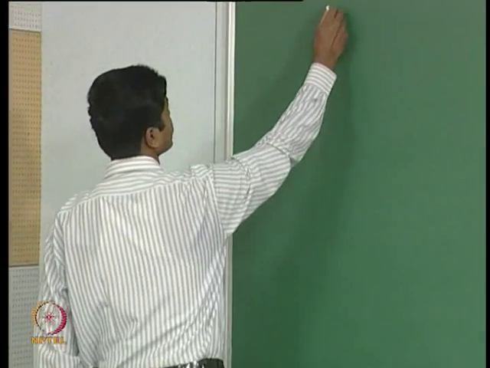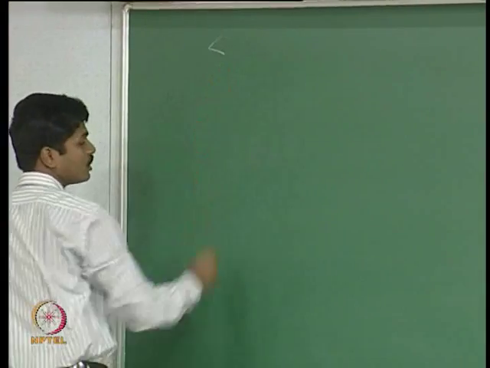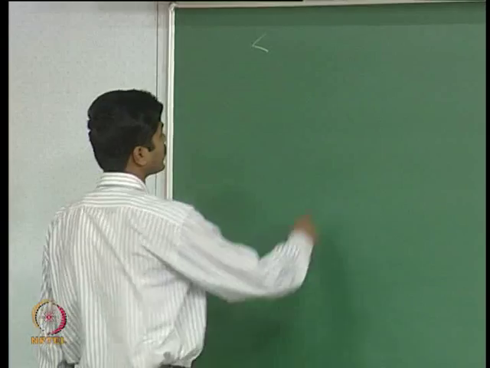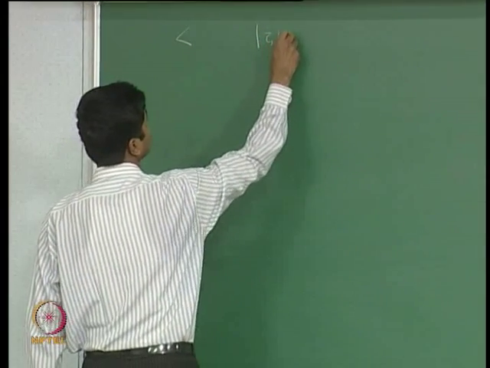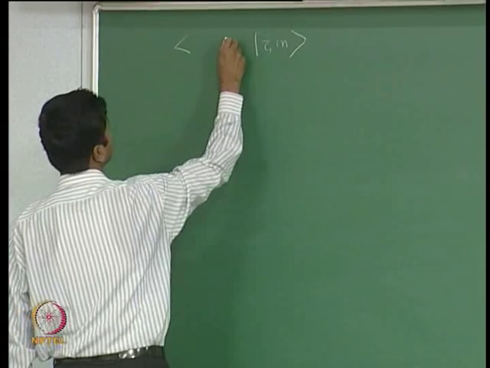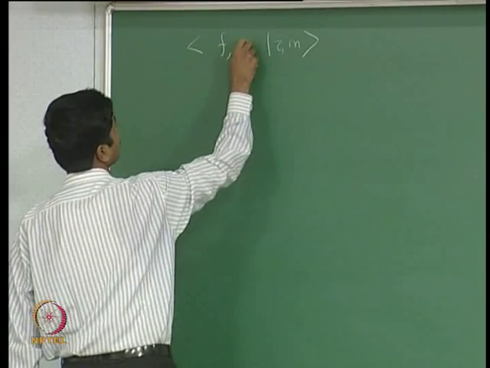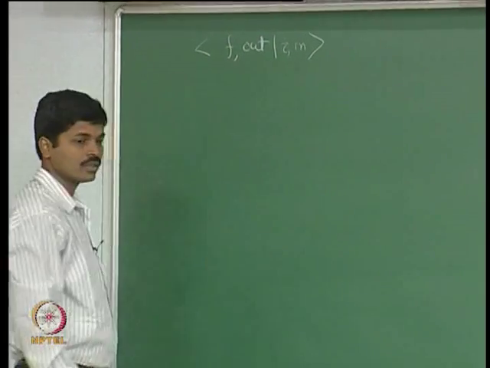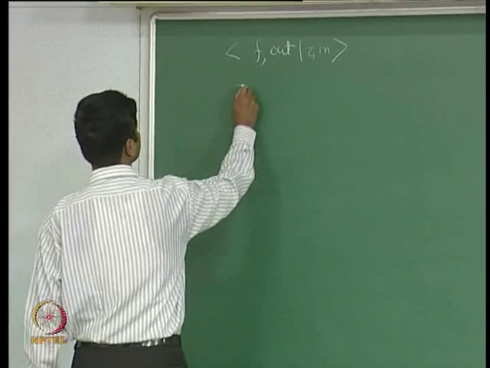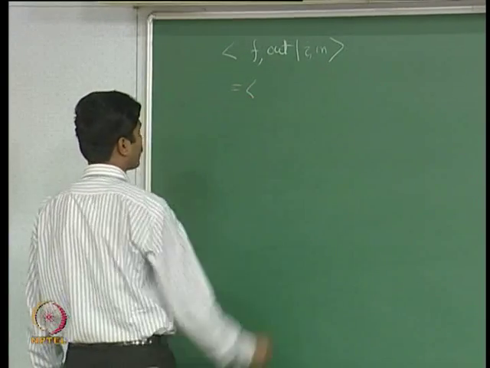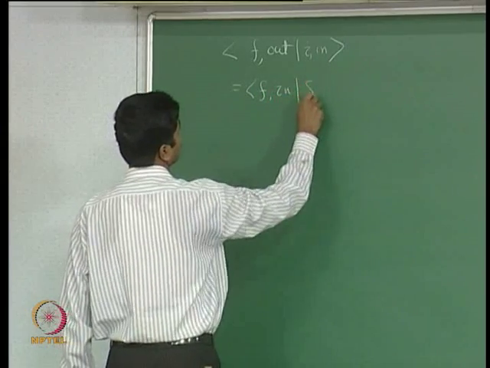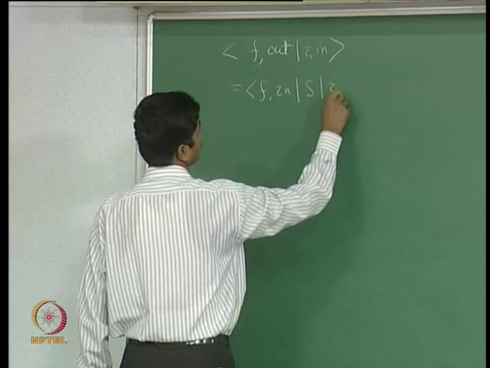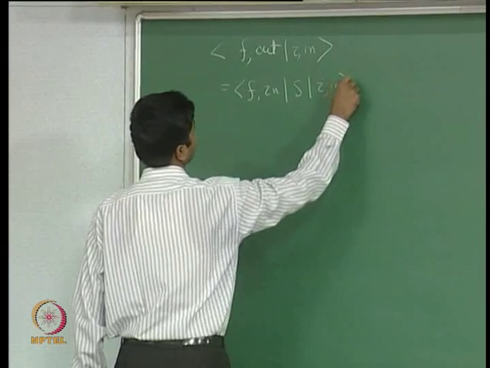So, we are discussing the transition amplitude from some initial state i to some final state f, which is also given by f out | i in.